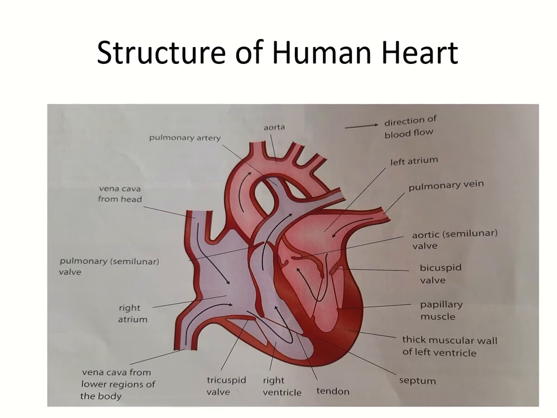You can see the structure of the heart. The blood from the vena cava, superior and inferior, is collected into the right atrium. Then from the right atrium, through the tricuspid valve, it enters the right ventricle. From the right ventricle to the lungs by means of the pulmonary artery.